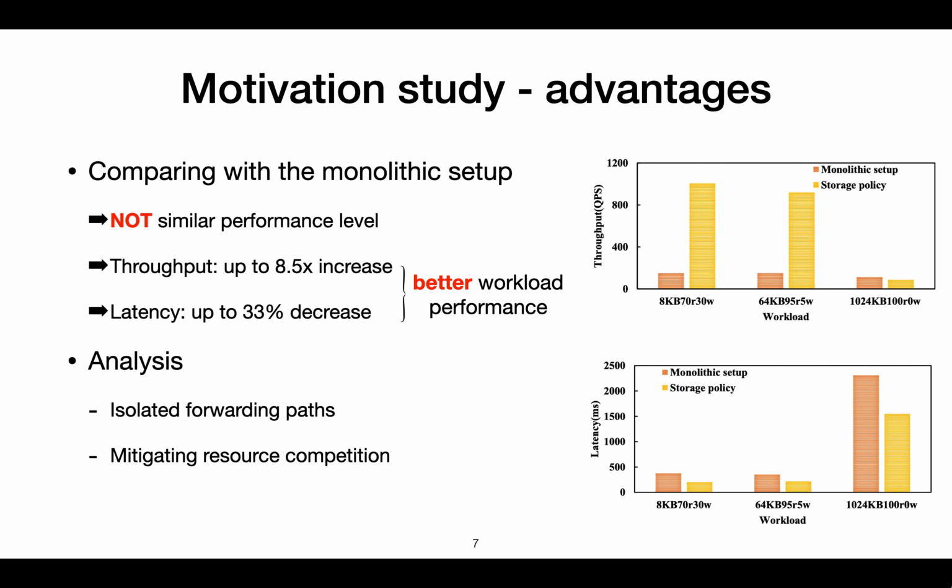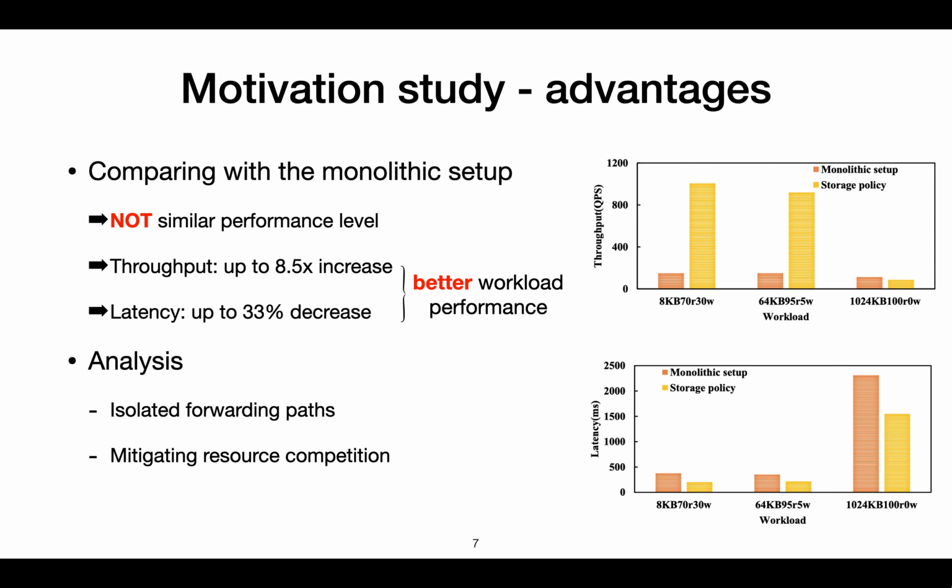Next, we further understand the advantages and the limitations of the storage policy mechanism by tests. First, we illustrate the advantages by comparing with the monolithic configuration. As shown in the figure, under a monolithic configuration, that is, when all workloads share the same policy, the performance of workloads with different access characteristics is limited to similar throughput.